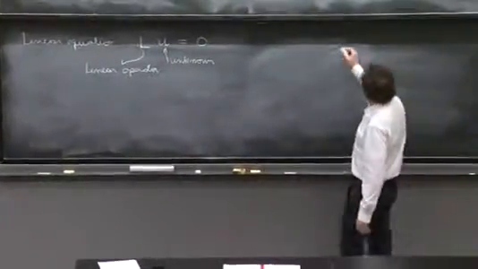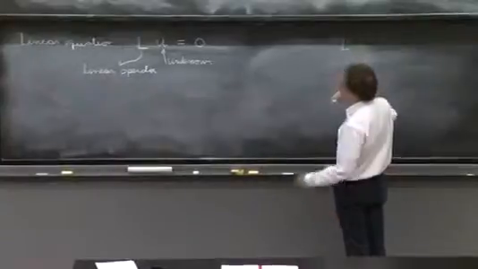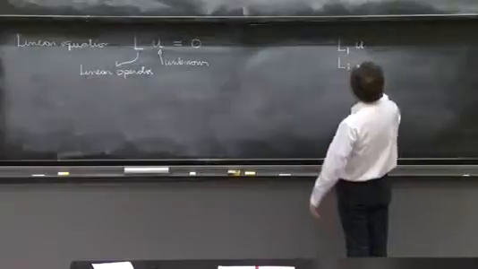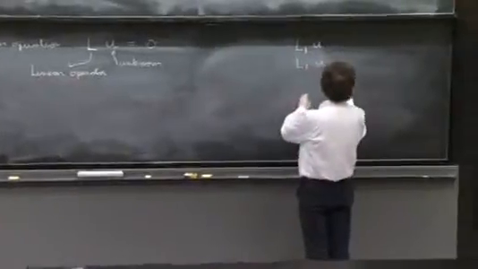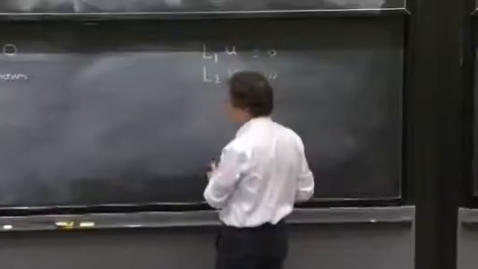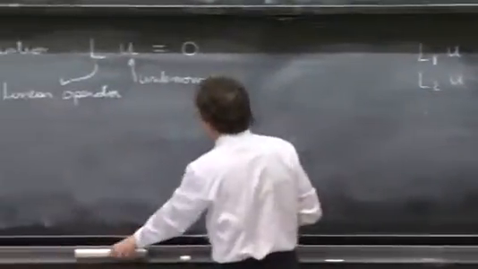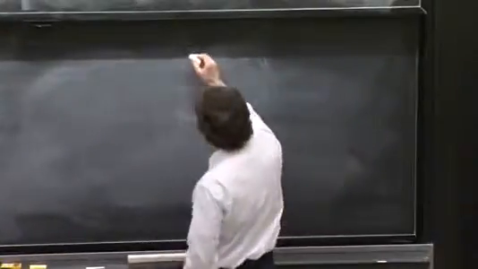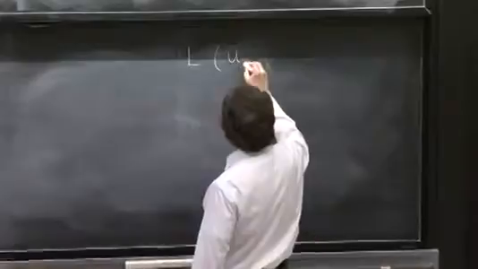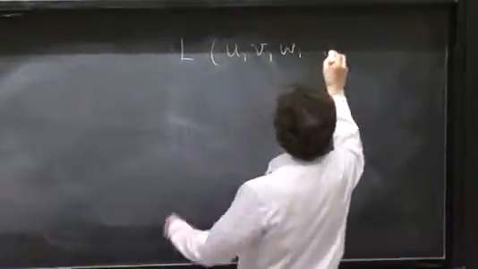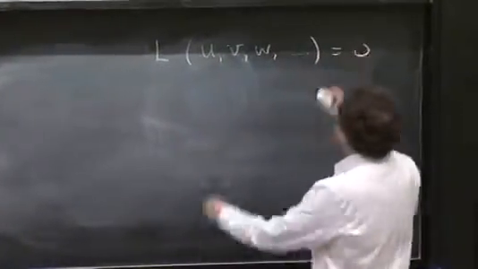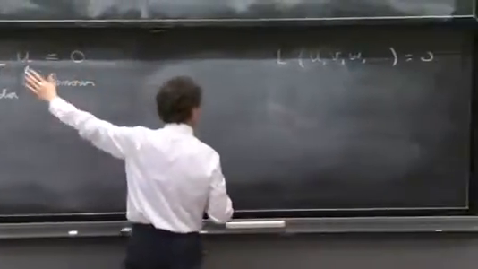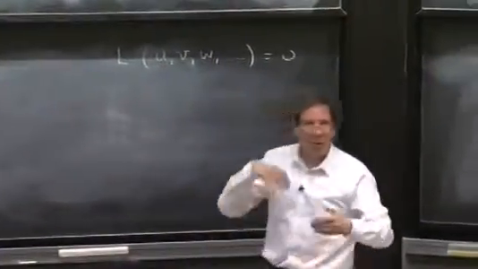We can have several linear operators if you have several equations, like L1 on something, L2 on something, all equal to 0, or you can have several unknowns, like L on u, v, w equals 0. But it's easier to just think of this first, and once you understand this, you can think about the case where you have many equations.